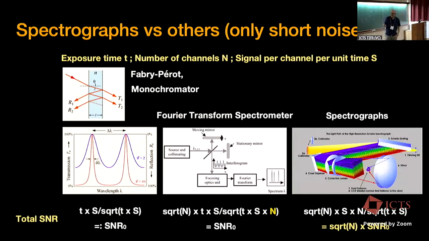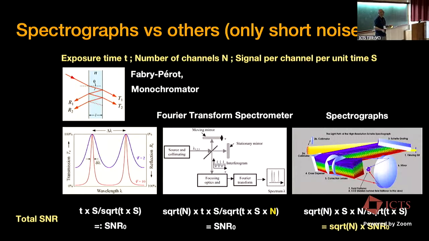If you go for a filter spectrometer, in a time t you will get a certain signal to noise, which I define as signal to noise 0, my reference. If you go for a Fourier transform, then you will actually increase the signal because you are observing all the wavelengths with the same detector at the same time. So you will have n channels, and your signal to noise will improve with a square root of n.